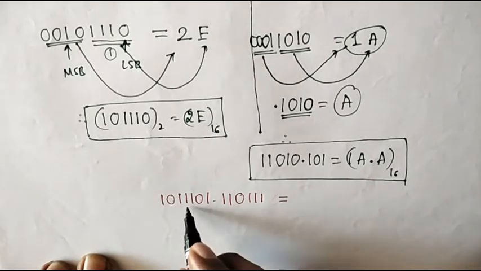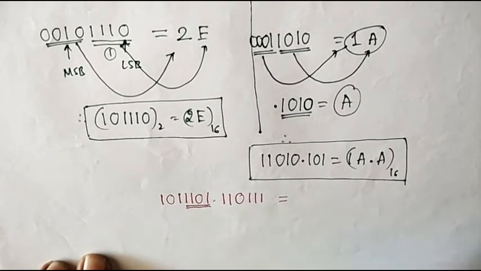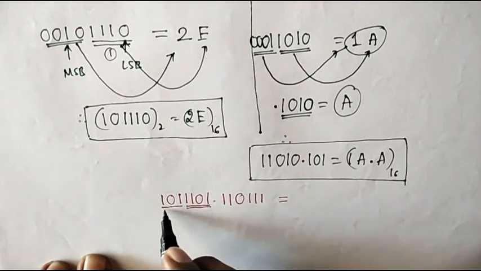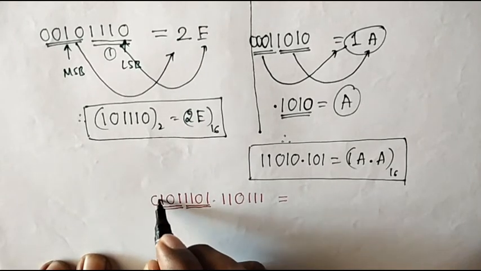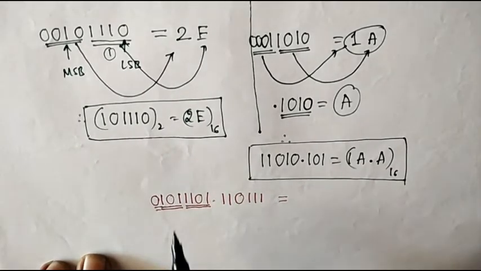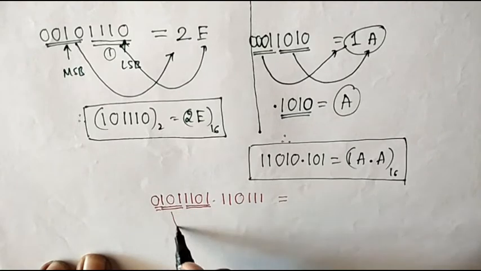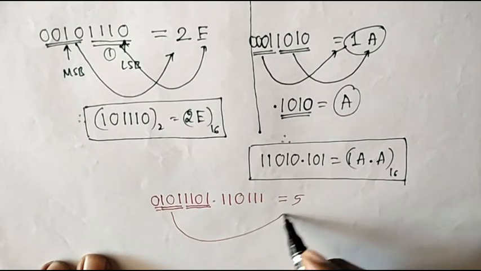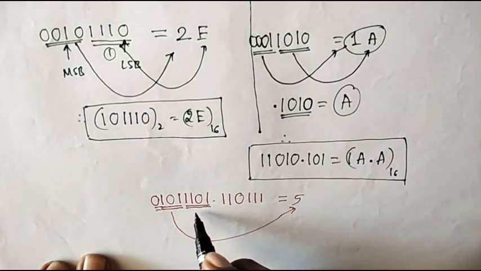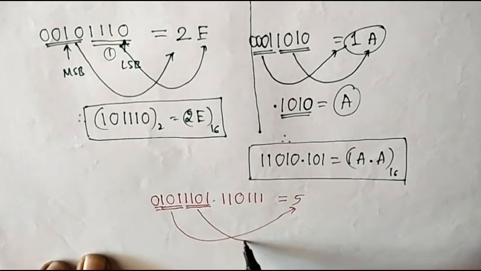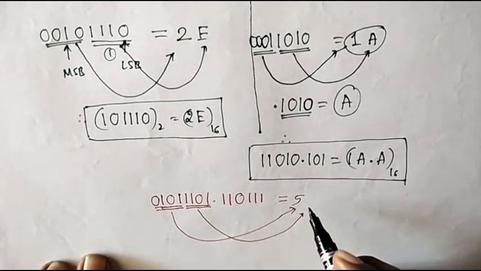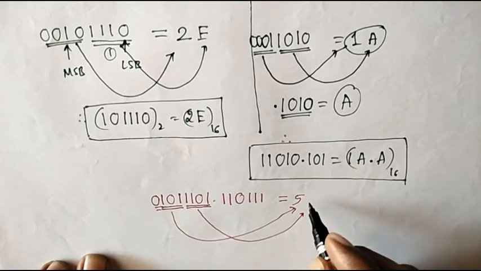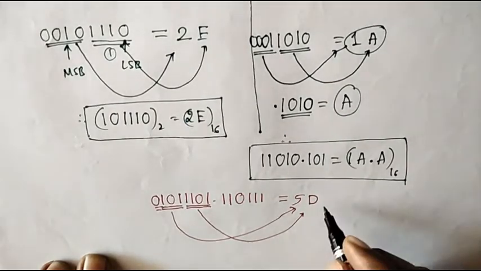Do the grouping of 4 bits. This is the first group. Here we have 3 bits, so add one more 0 as a prefix. So the hexadecimal equivalent of this number is 5, and the hexadecimal equivalent of this number is 13. 13 is nothing but D.